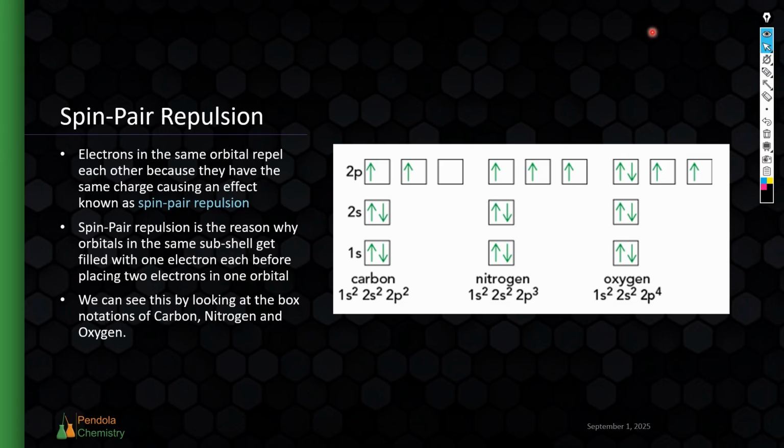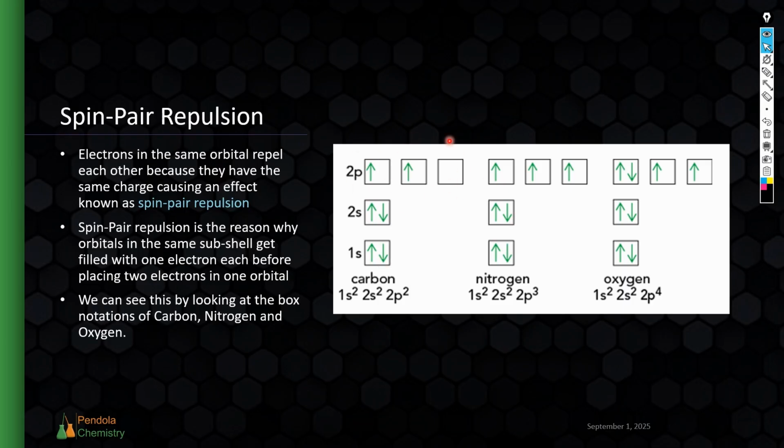When we have 2 electrons in the same orbital, like the 1s here or the 2s here, those electrons are going to repel each other, and they really have no choice sometimes. With s sublevels, those electrons have to be in the same orbital. So the spin pair repulsion is there, but it doesn't really make a difference. It's not something we have to consider because there's no alternative.